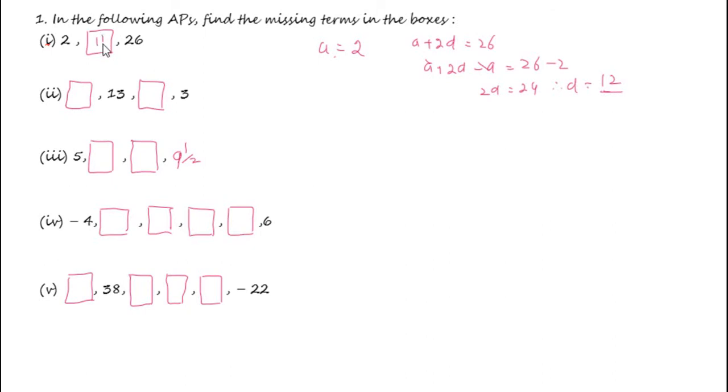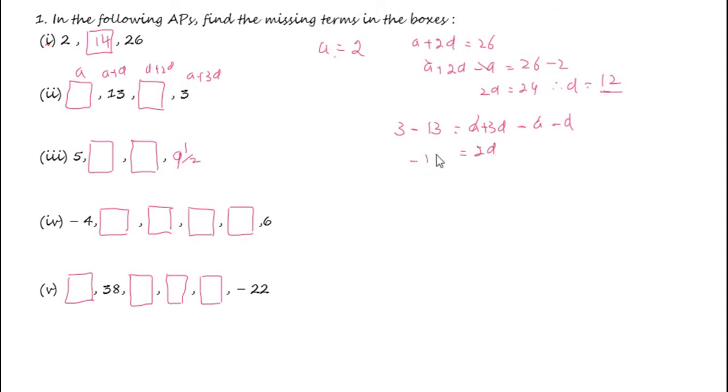This number is 14. Now in this case, this is A, A plus D, A plus 2D, A plus 3D. Let us subtract 13 from 3. So 3 minus 13 is equal to A plus 3D minus (A plus D). If I open the bracket, this is minus. So A cancels. 3D minus D, that is 2D.